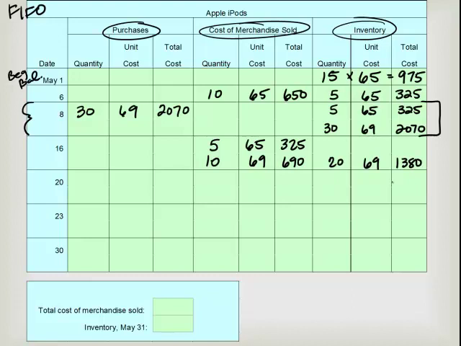Now our journal entry for the 16th. Let's just say we sold them for $100 a piece.